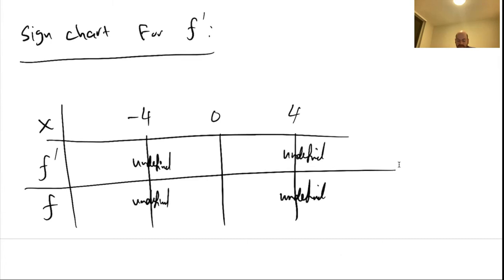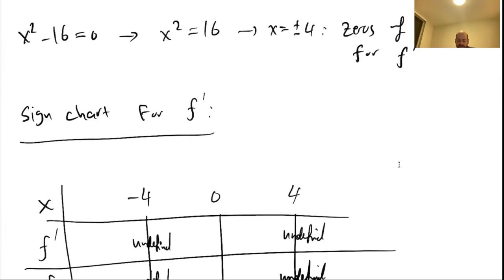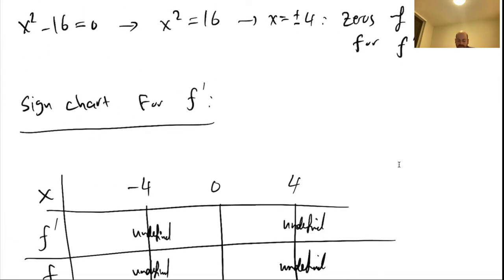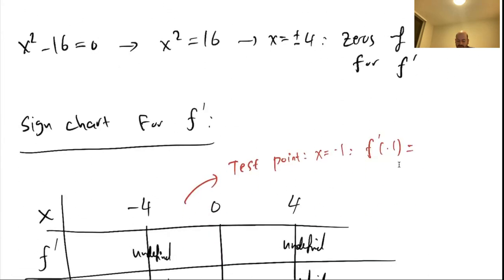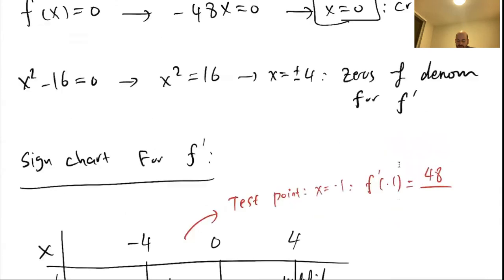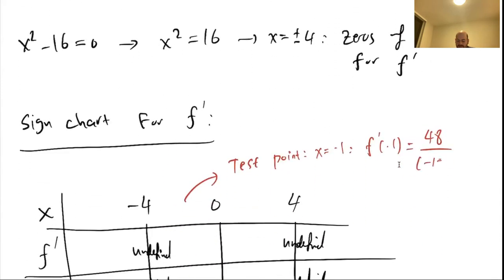Before 0, you can use a test point. Let's say between 0 and -4, I could use -1. And f prime of -1 is how much? -48 times -1 is 48, divided by 1 minus 16, which is -15, the whole squared.